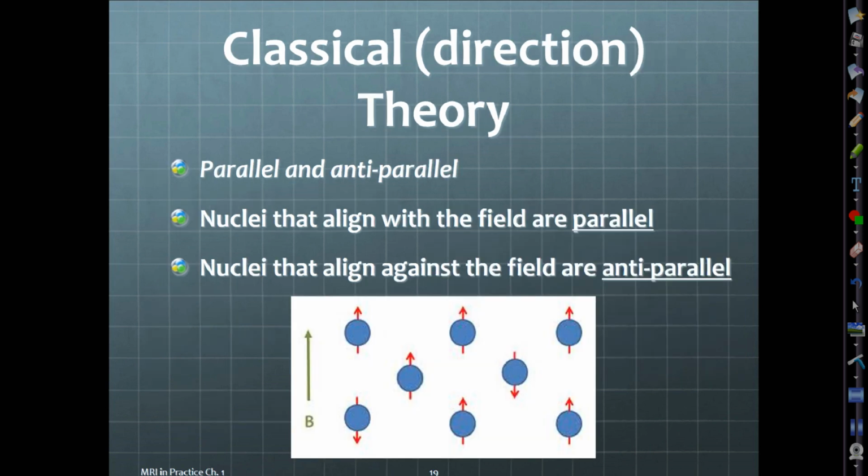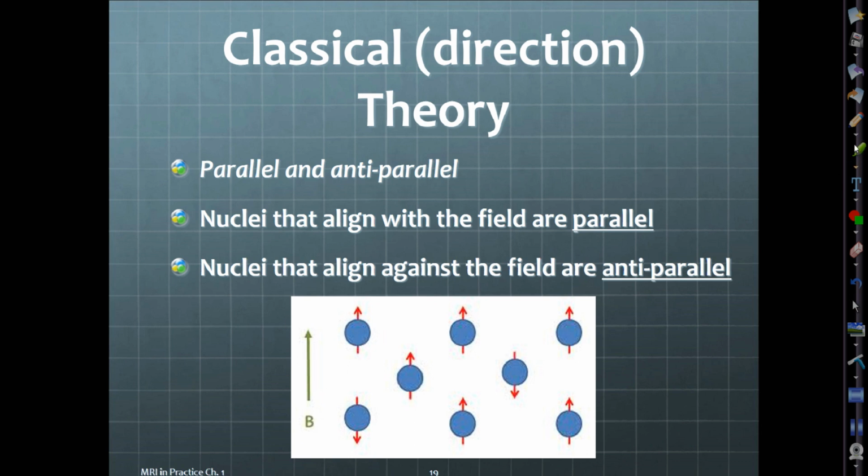So this alignment can be described in a couple of ways. In the classical theory, all you need is the direction of those little vectors. Which way is the arrow pointing? They can either be parallel or anti-parallel. So which one do you think this one is in terms of B sub 0?